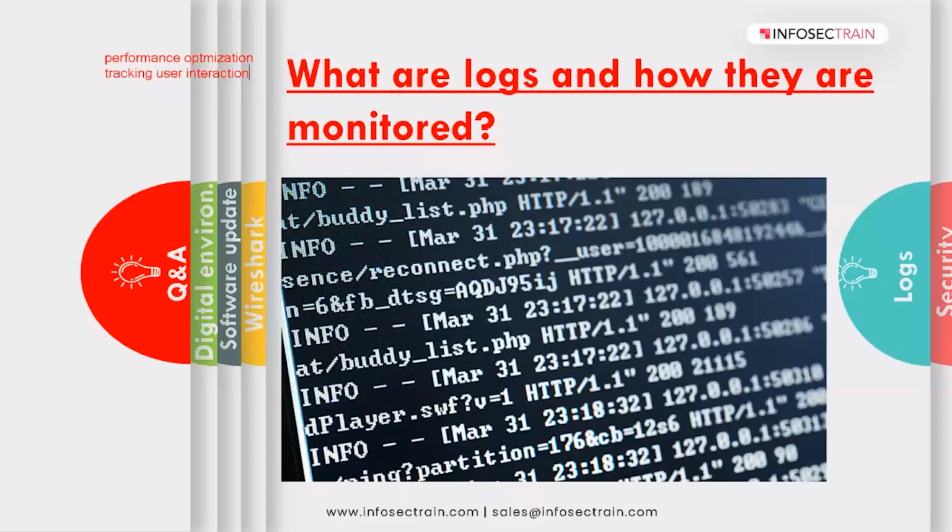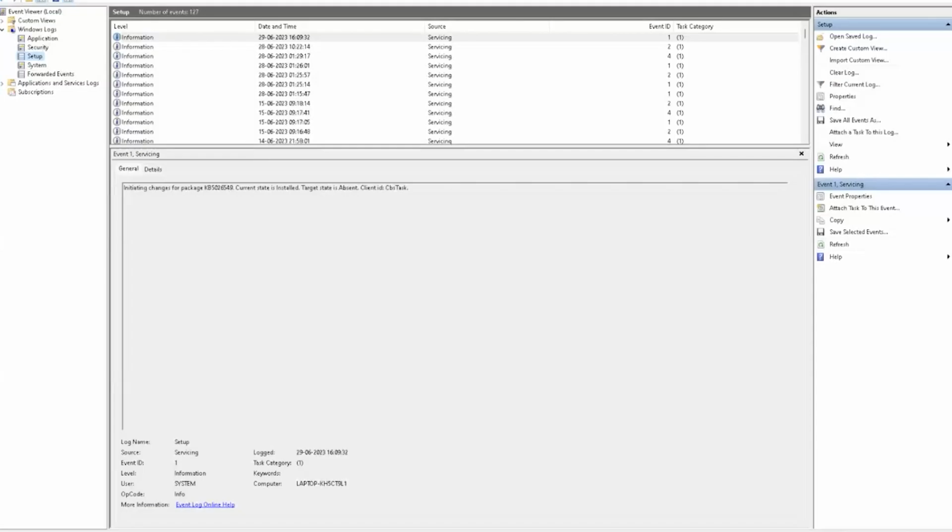So these are the logs: application, security, system. After this, we also have setup and forwarded events. These setup logs have a series of activities which occurred during the installation or setup of a software application, operating system, or a computer system.